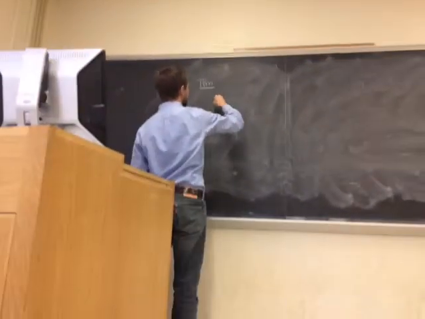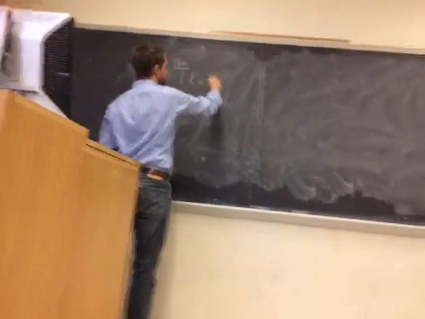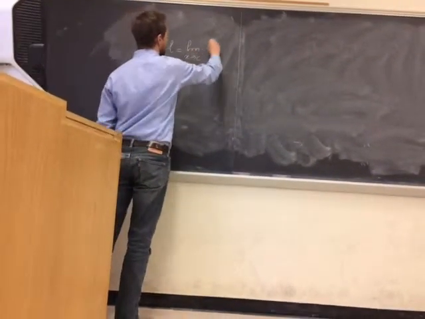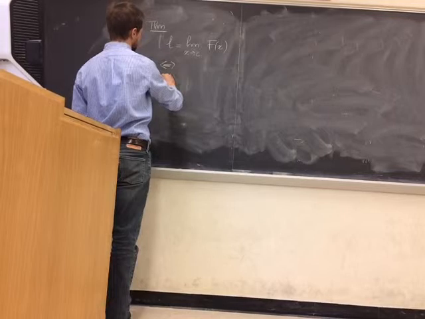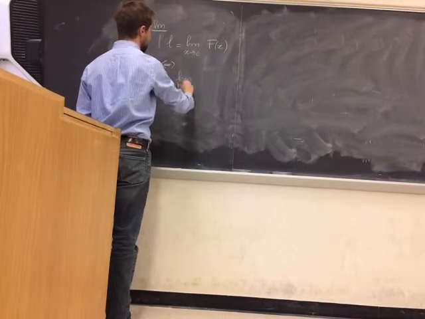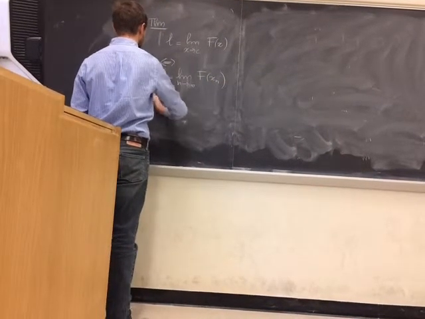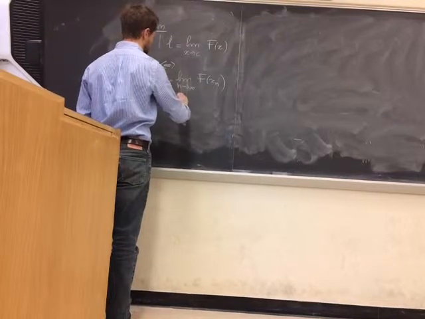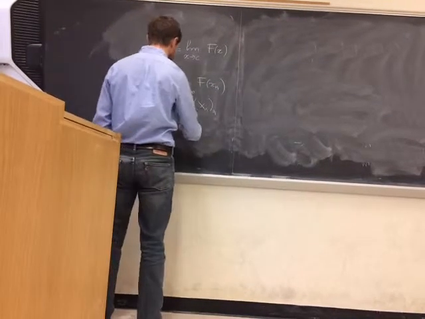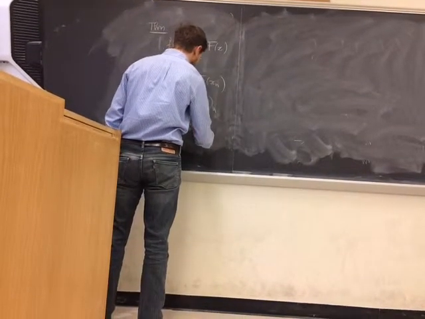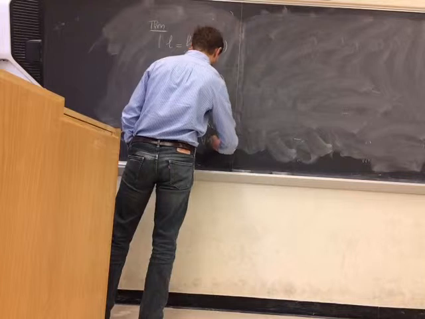Let me write again the theorem that we have just proved. We have just proved that, say, little l is the limit as x goes to C of a function f of x if and only if little l is the limit as n goes to infinity of f of xn for every sequence xn such that C is the limit as n goes to infinity of xn with xn different from C for every n natural number, right?